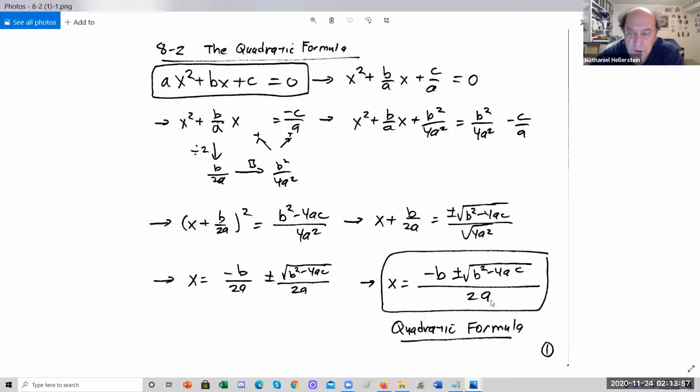Now, it's traditional to put it all over a common denominator of 2a. So x equals negative b plus or minus root b squared minus 4ac, all that divided by 2a. These are the solutions of this. So this is the quadratic formula for solving the general quadratic equation.